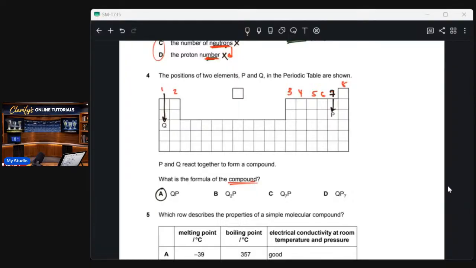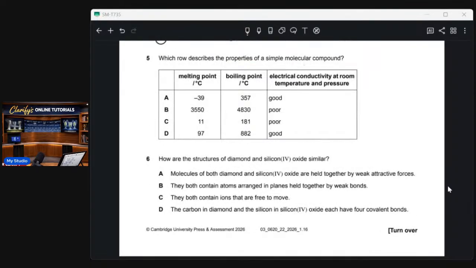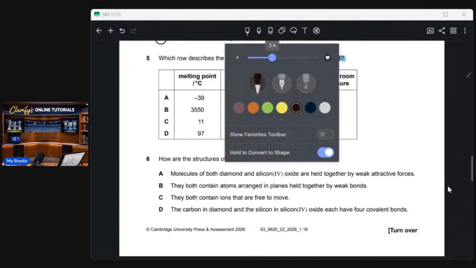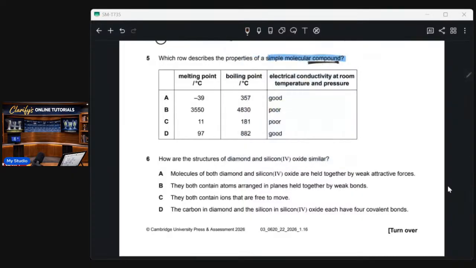Which row describes the properties of a simple molecular compound? So here we want to look at the properties of a simple molecular compound. What types of compounds do we have for IGCSE chemistry? We have simple molecular compounds.